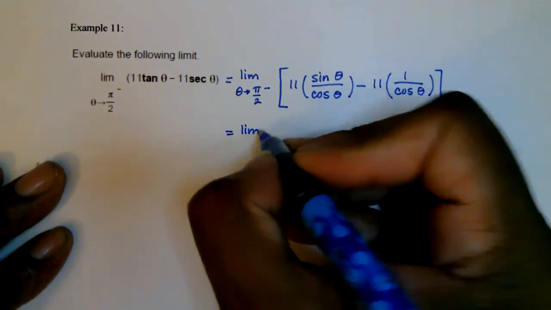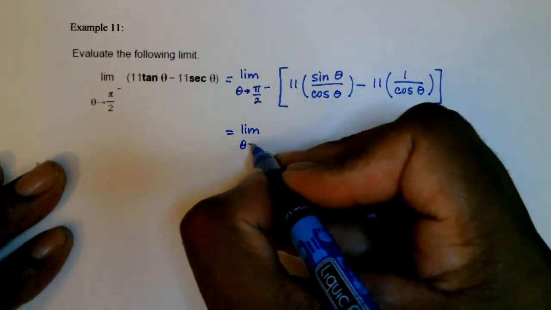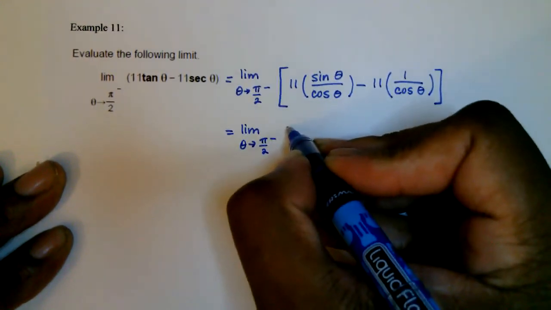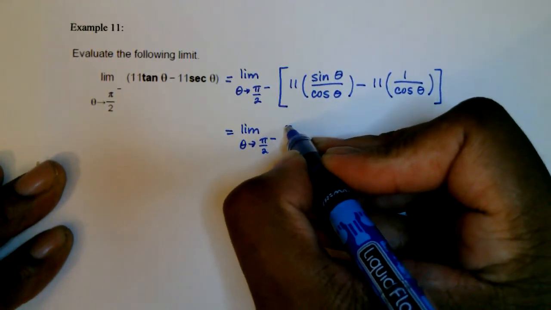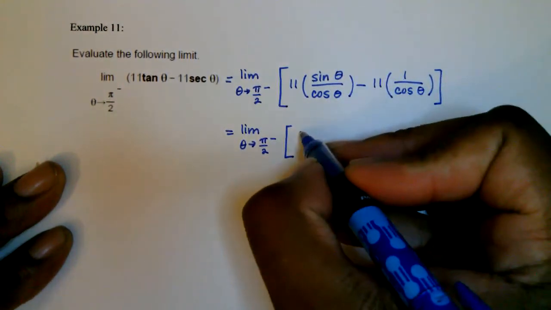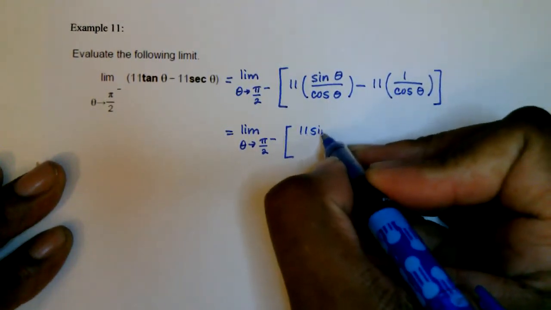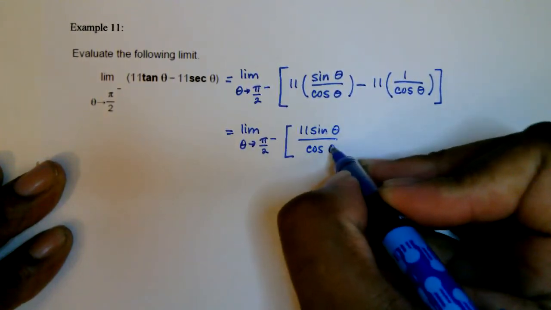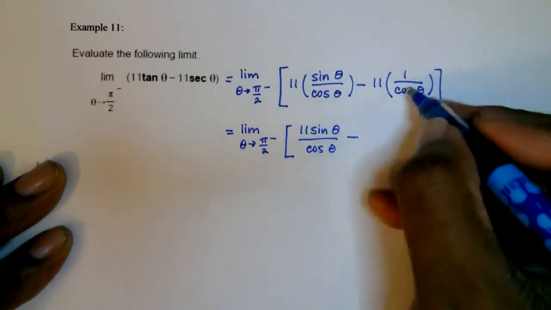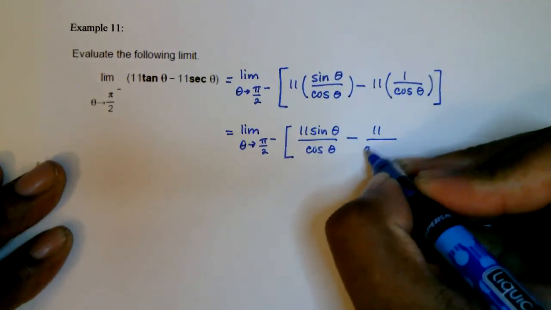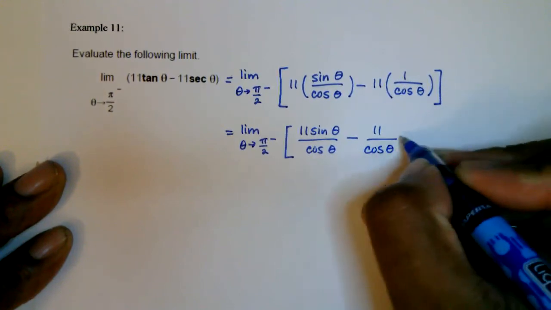Okay, so let me bring down the limit as theta approaches pi halves from the left of, if I multiply 11 times sine theta over the cosine of theta, I'm going to have 11 sine of theta divided by the cosine of theta minus 11 times 1 over the cosine of theta. That's just going to be 11 over the cosine of theta.